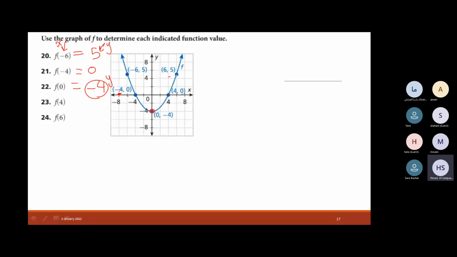Where does it intersect? Oh, it must be on the blue line. Yeah, on the blue line. Where's the blue curve? This curve. Okay, where does this point cut or intersect the blue curve?